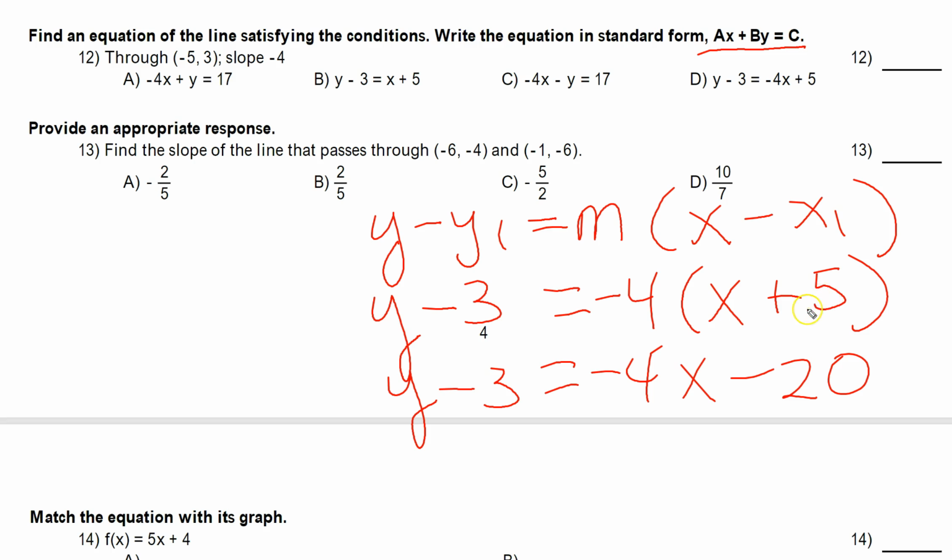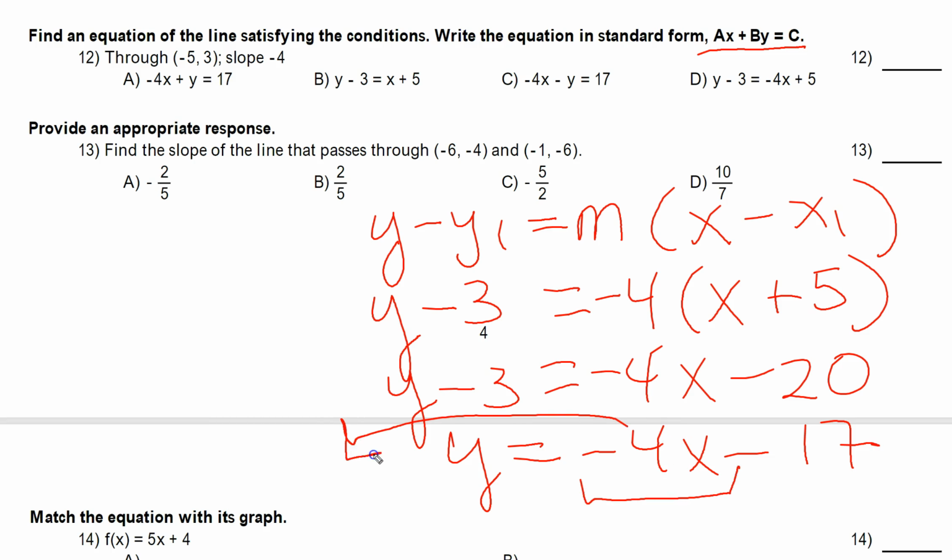Just distributing this. Now we get y equals, transpose the 3. On this side it becomes a positive, so this is a negative 17. Then we take this term, bring it over to this side, and we get then a positive 4 over there.